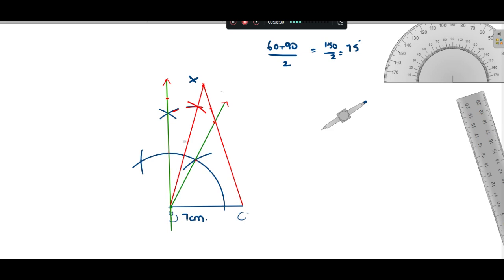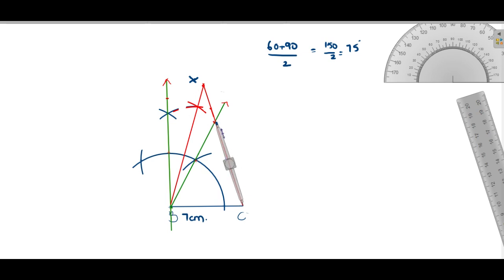Now how to construct that perpendicular bisector? We will again take the compass and place the metal pointer of the compass at vertex C, and we will measure the radius of the compass to be more than the length of XC.